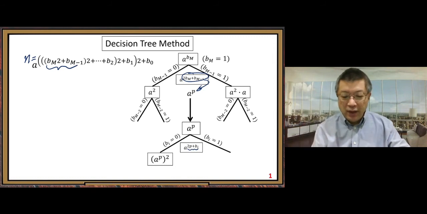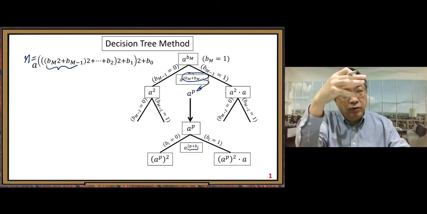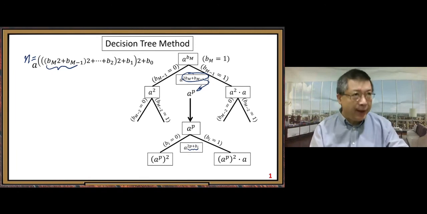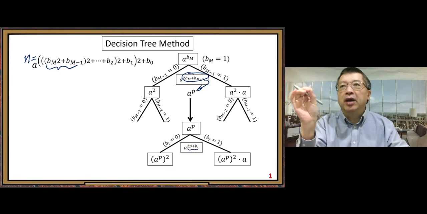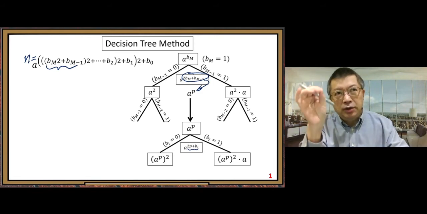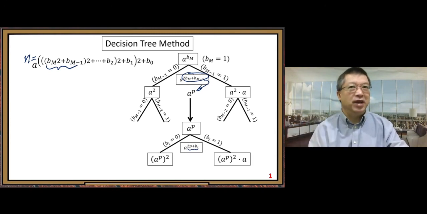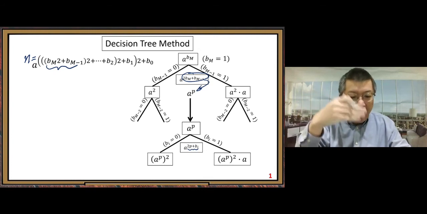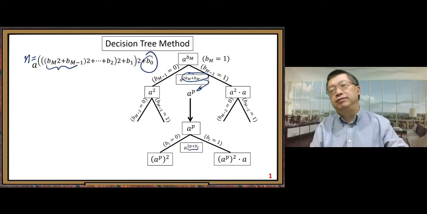For the second possibility, we assume we have the value of a to the pth already, so we square it, then do another multiplication by a. Two cases. Keep doing this pattern again and again until we reach the last bit, b_0.